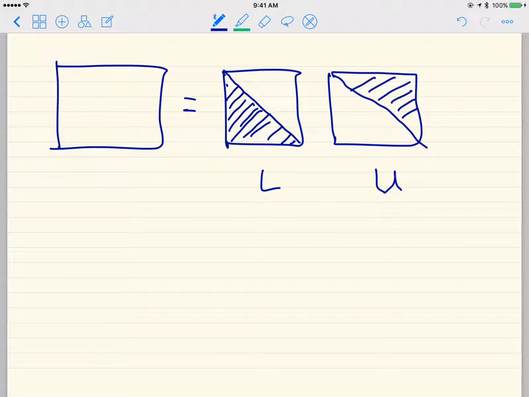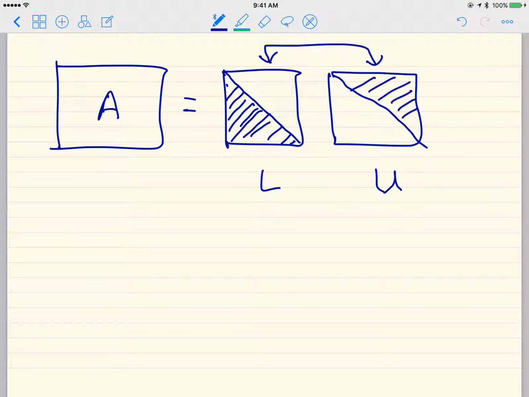Okay. So you want to decompose some matrix A into a product of these two matrices, one of which is lower triangular and the other an upper triangular matrix.